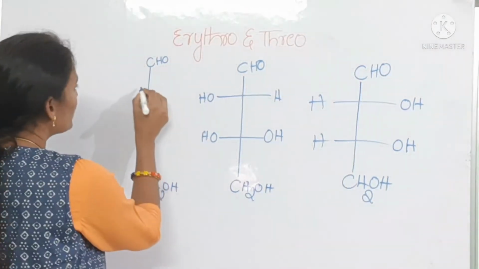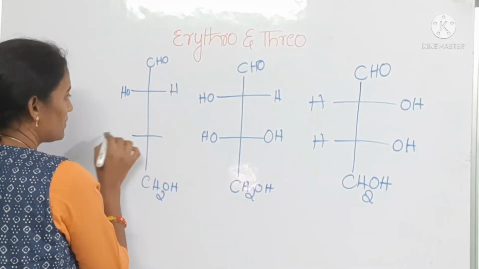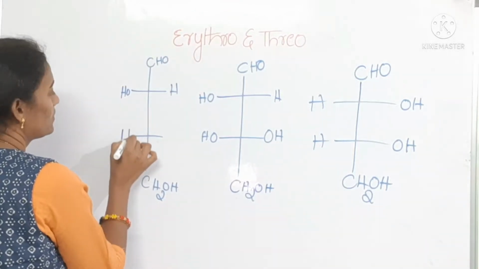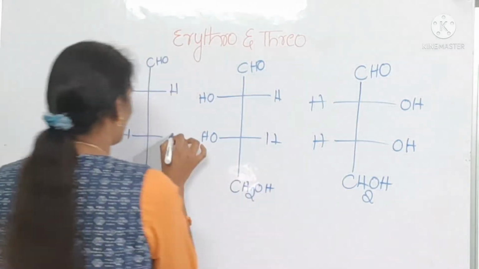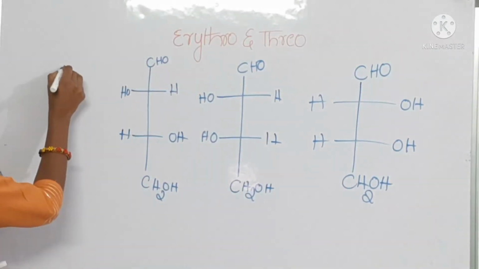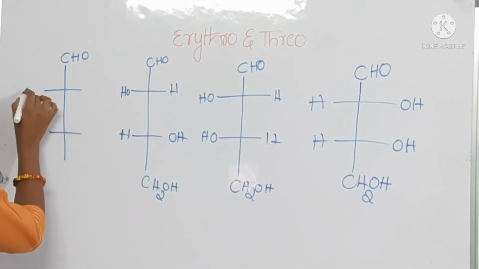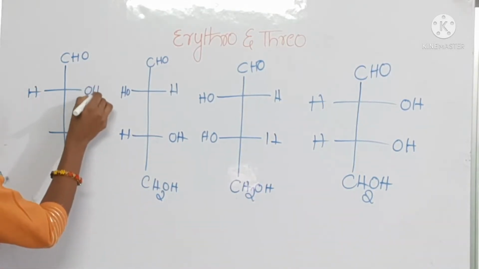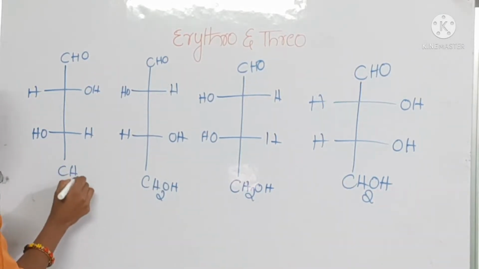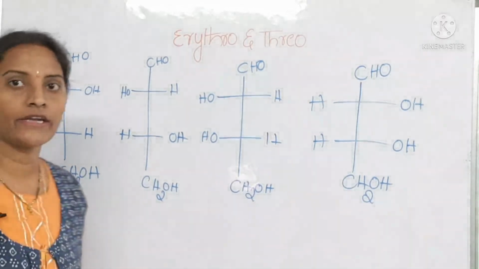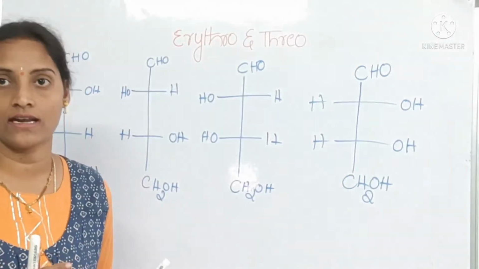See, this one is HOH. See, this one hydrogen, OH, and another is the mirror image of this one, students, HOH, HO, H, CH2OH. Now you can try to assign which one is the erythro form and which one comes under the threo form.